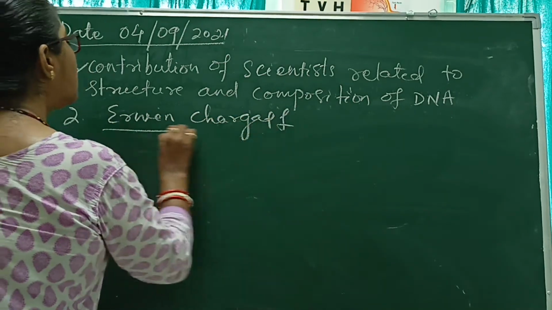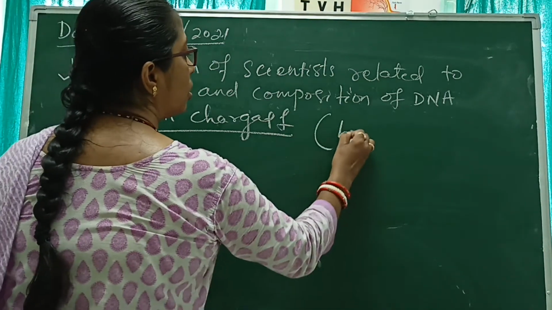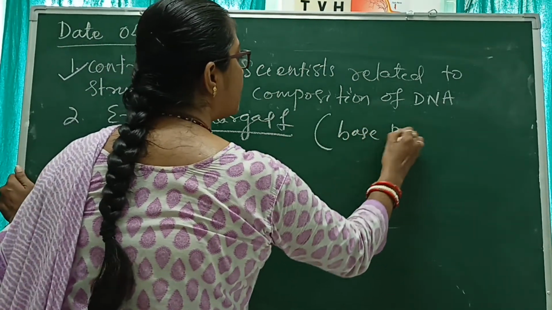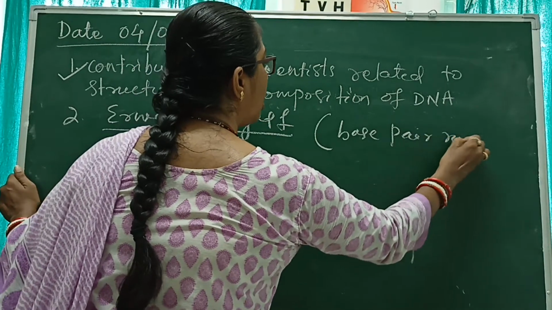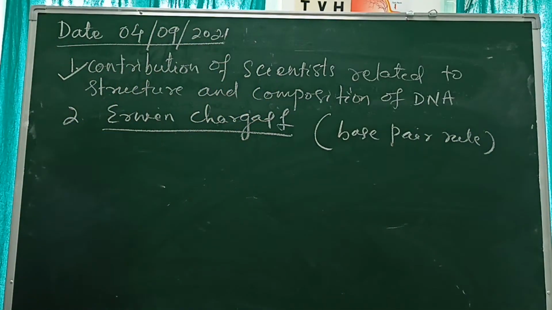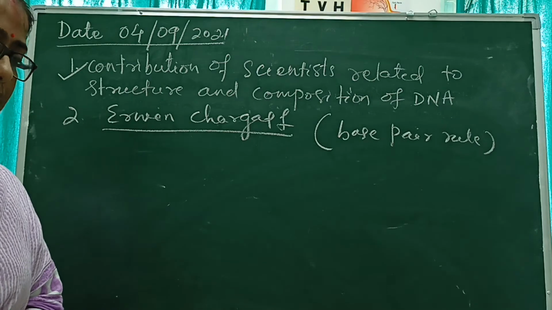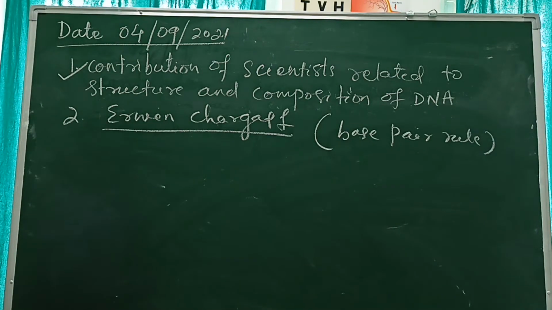He proposed a base pair rule after studying the base pair nature in different species. बहुत सारे स्पेसीज में उन्होंने एक्सपेरिमेंट किया and then he got the conclusion.